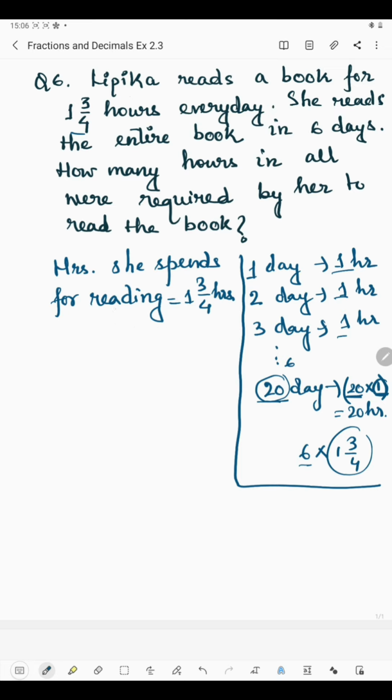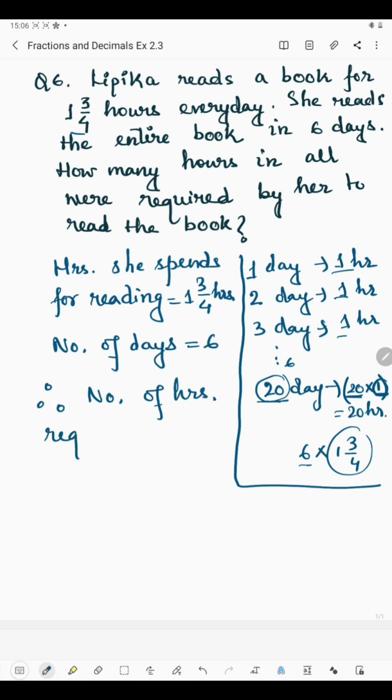Okay, now number of days are 6. So number of days 6. So therefore number of hours required in all, means in all 6 days, will be 6 multiplied by 1 3 by 4.